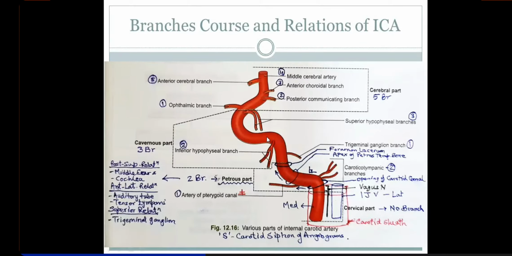So this much course you can see is its cavernous portion. The third part is the cavernous part, intracavernous portion, and this is S-shaped, which we call carotid siphon. When you take a carotid angiogram, in the angiogram you mention it as S-shaped or carotid siphon.